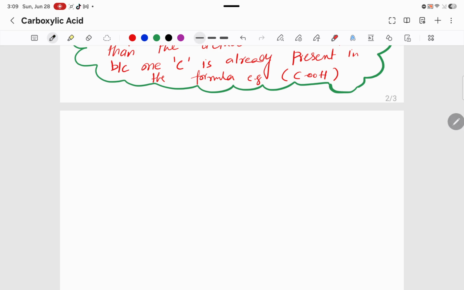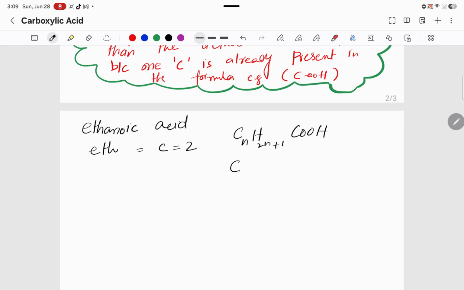For example, if I need to make ethanoic acid, now I know that eth is equal to carbon number 2, and the general formula is CnH2n+1COOH. So if I place n equal to 2 here, because C is 2, we are going to prepare ethanoic acid.